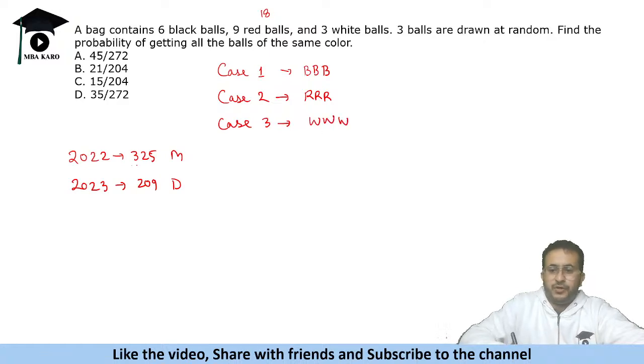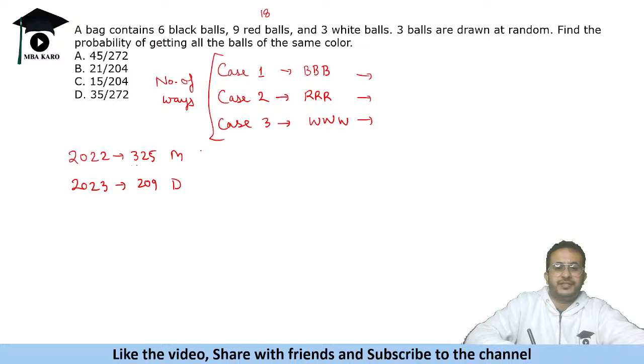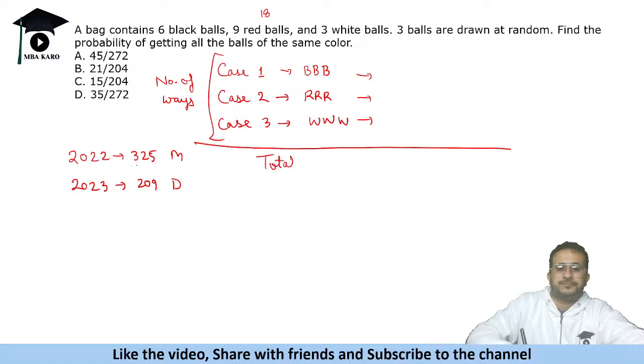Okay. Now, how do we get the number of ways of getting, like find the number of ways, and then we will divide by the total selections. So number of ways, 3 black balls, there are 6 black balls.